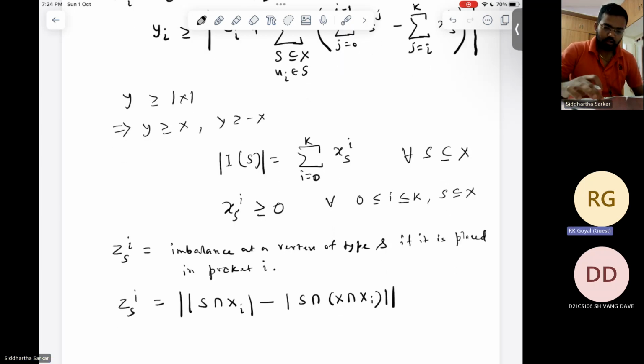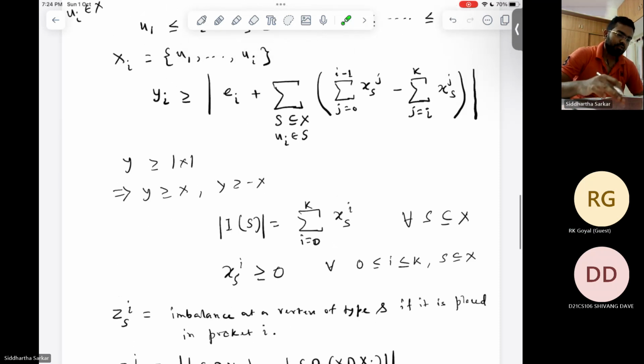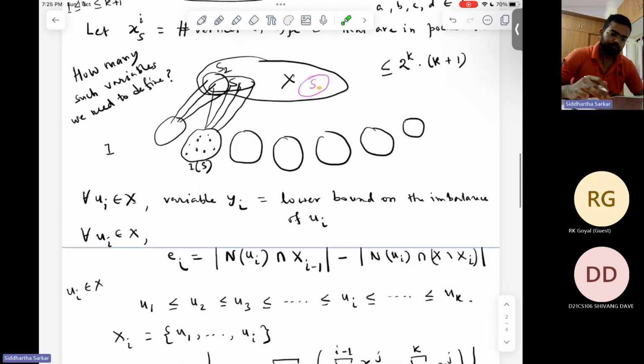So what is the difference between XSI and ZSI? Let us look at the definition.